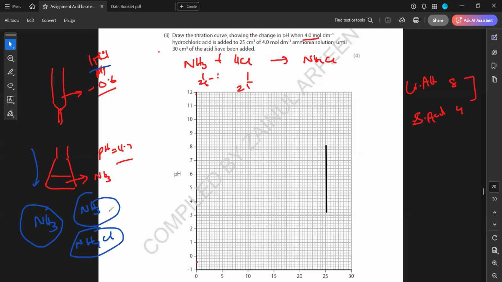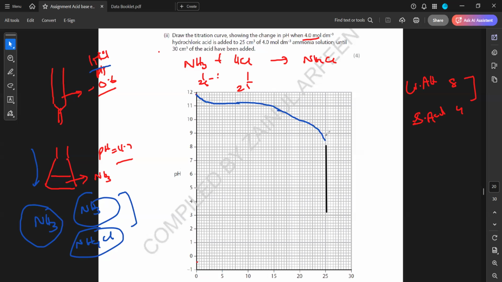Whenever a weak base and a salt are there, the solution will act like a buffer. When a solution acts like a buffer, it tries to resist the change in pH. So in the beginning, at the moment we first add acid, there will be a change in pH, then it becomes horizontal. Why does it become horizontal? Which shows the solution is acting like a buffer.